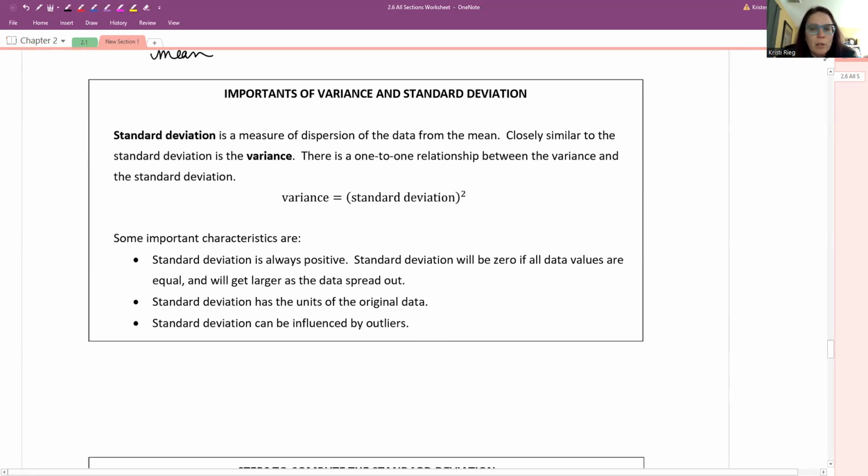Okay, so similar to the standard deviation is the variance. The variance is another way to measure this. In fact, their relationship is that the variance is equal to the standard deviation squared. Now, standard deviation has two symbols. It can either be sigma, which is the population standard deviation, or it will be S, which is the sample standard deviation.